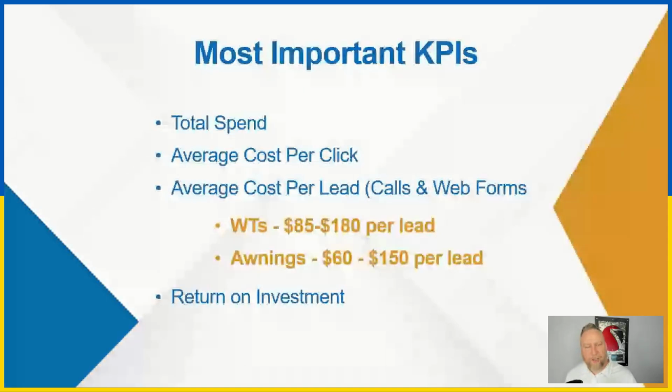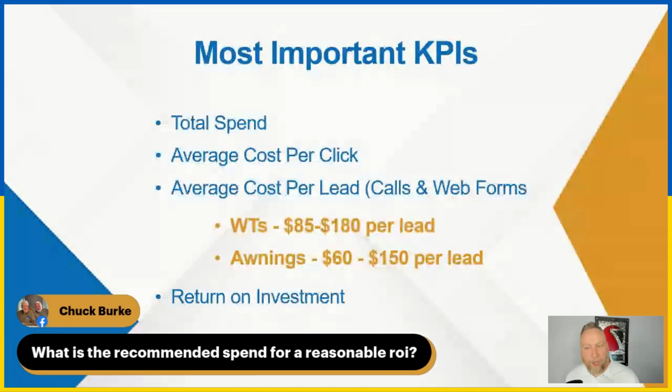So even if you are at $180 a lead in month one, you start doing some work, optimizing, you're driving that number down. By month 3, maybe you're at 160, right? By month 6, you're at 100, that kind of stuff. So you need to drive that number down as time goes on.